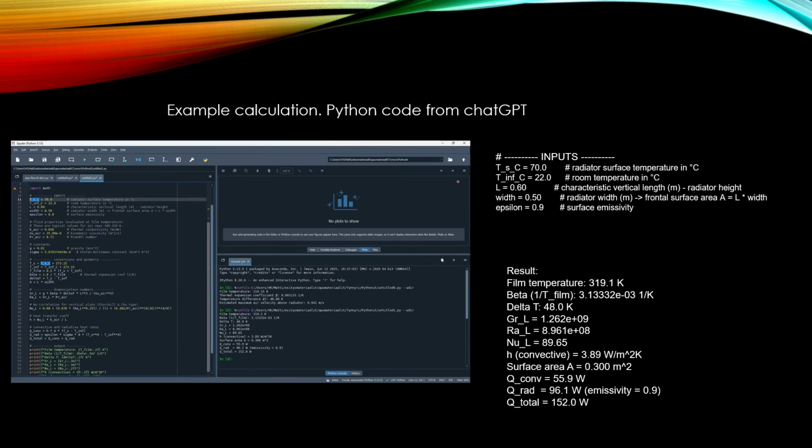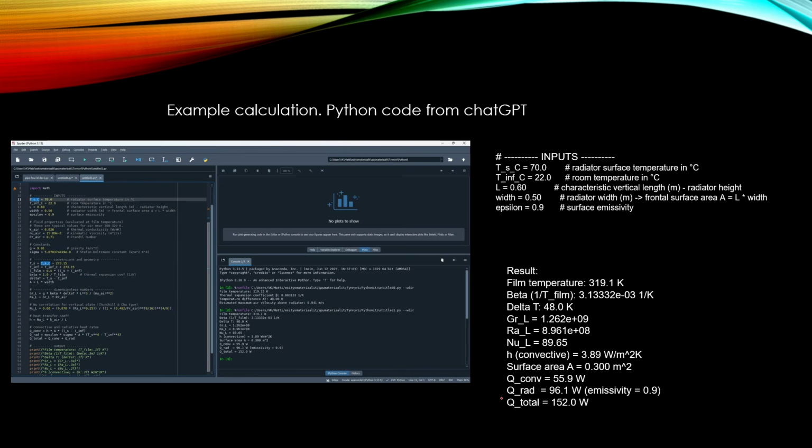I asked for this Python code from ChatGPT, and using this code I calculated an example case, and we have here the plate temperature 70 degrees C and room temperature 22 degrees C. And the height of our radiator is 0.6 meters, and the width is 0.5 meters.